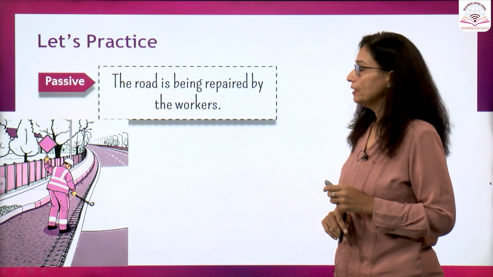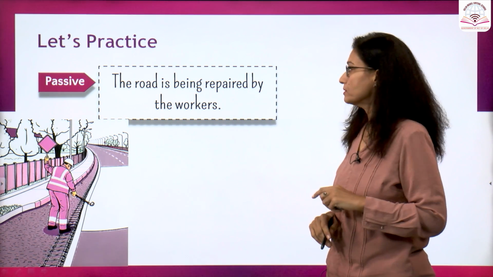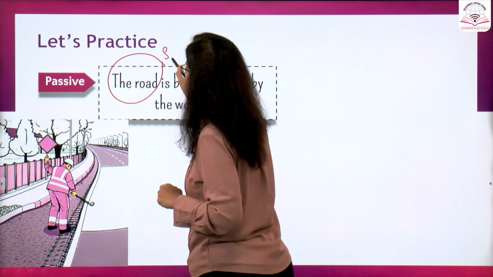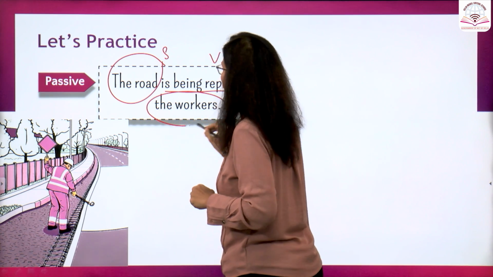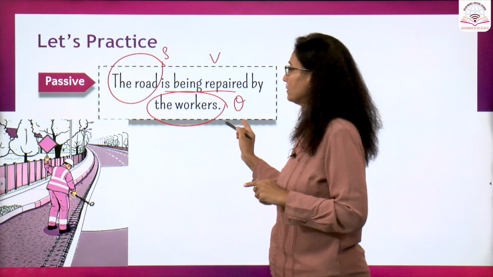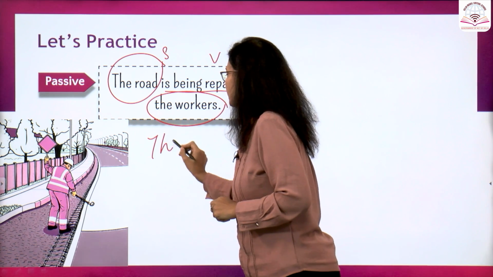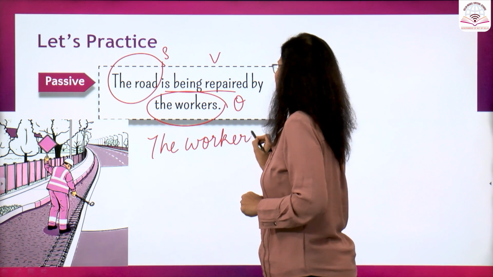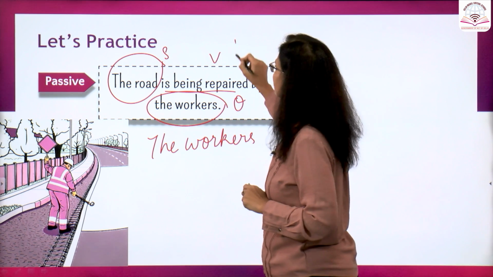Let us move to the next sentence. The road is being repaired by the workers. Again, we'll begin by identification. This is the subject, this is the verb, and this is our object. We'll begin by moving the workers to the subject position. The workers, identify the tense. This is in present.